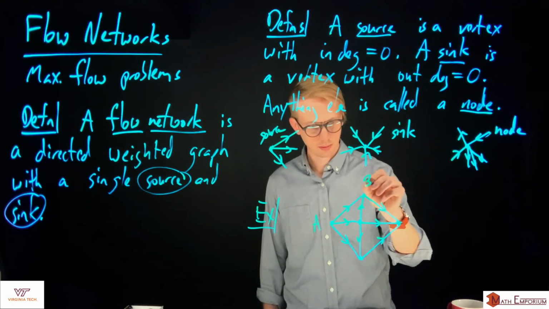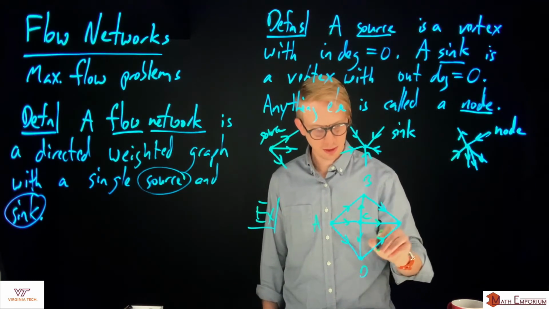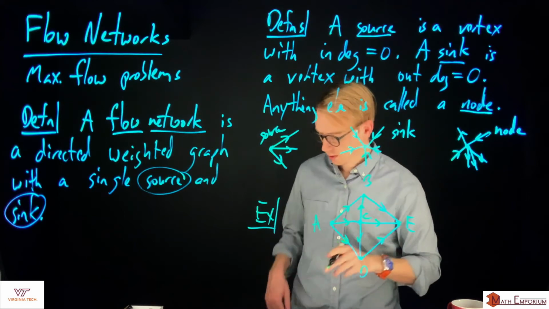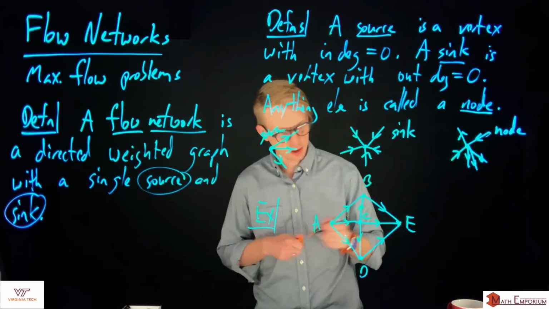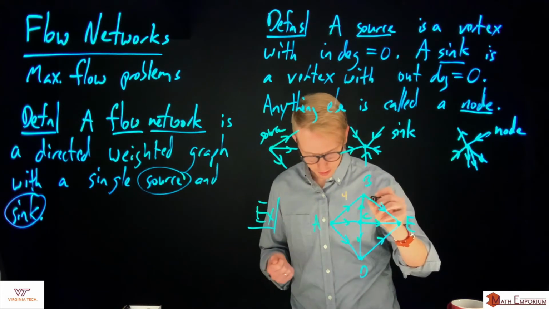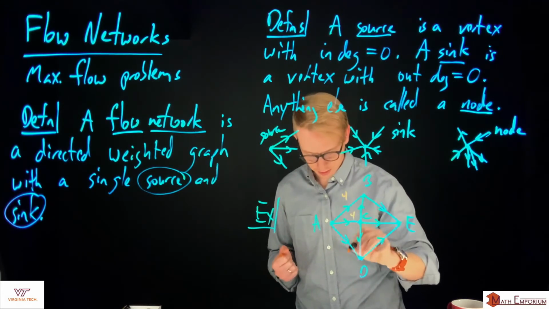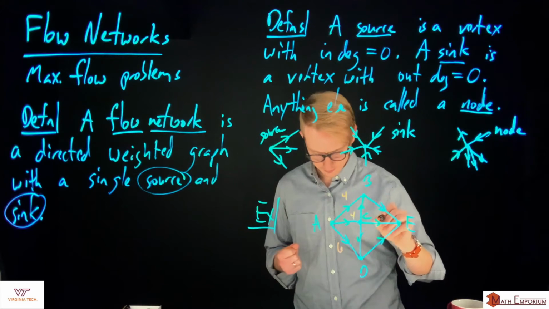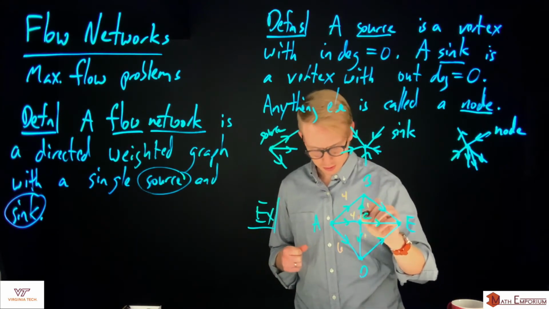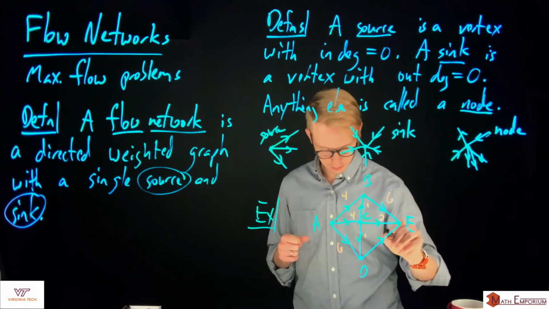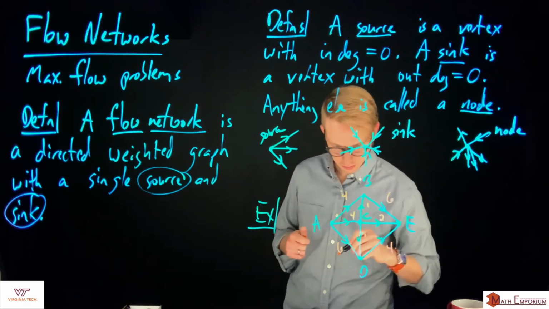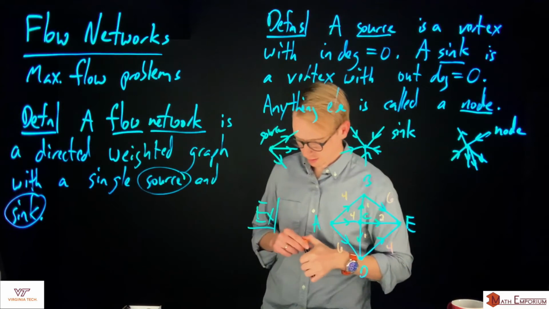A, B, C, D, E. And because there's so much green, let's do the weights in another color, because these are going to have weights on them. I'm not going to do anything with these weights in this video, but we will in subsequent videos. We'll have another name for these weights shortly.